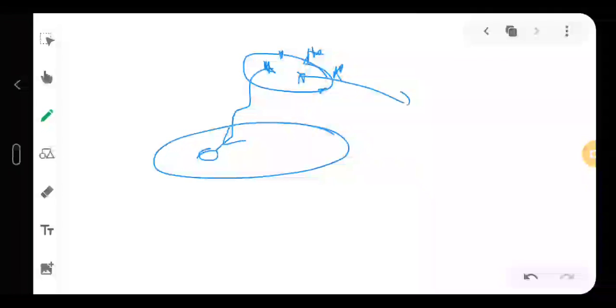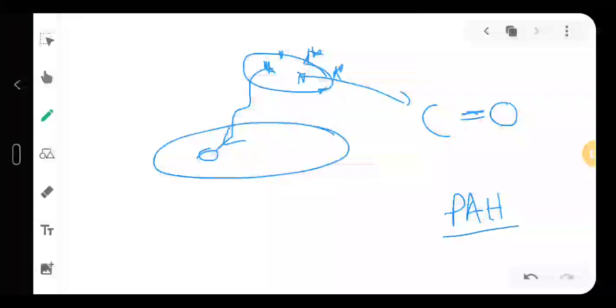I'm just giving you, let's say, carbon monoxide. So they are molecules like this. There are also complex molecules like PAH, you can search on the internet, polyaromatic hydrocarbons.